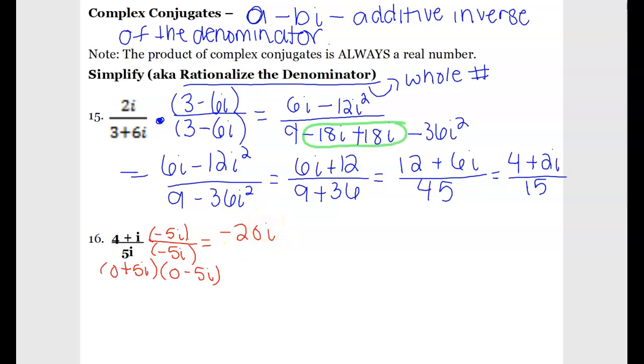That will give negative 20i minus 5i squared over negative 25i squared.